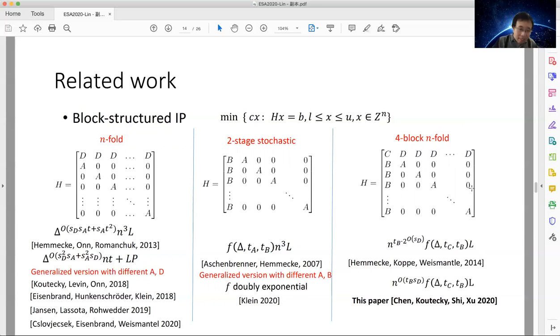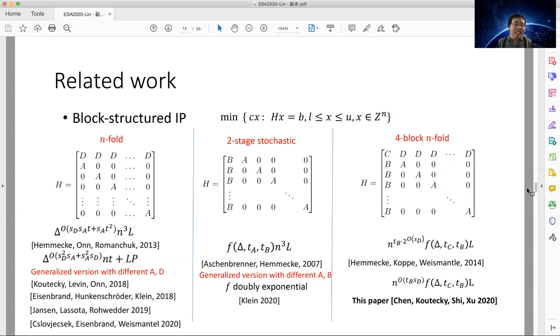As you can see directly from the constraint matrix, n-fold and 2-stage stochastic are just special cases of 4-block n-fold, where you set either C and B to 0 or C and D to 0.